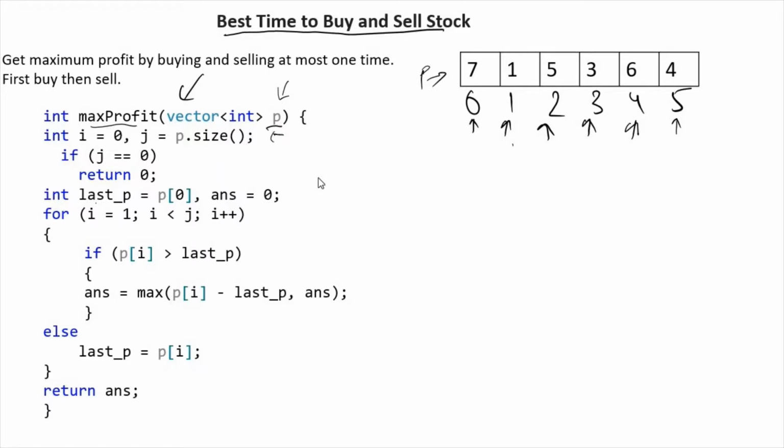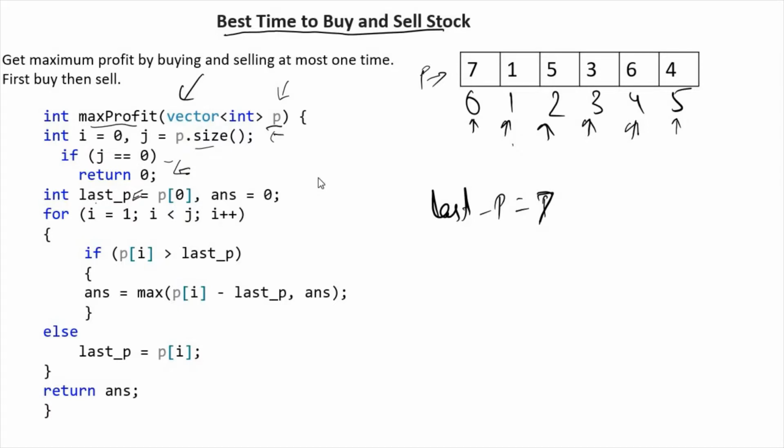J is the size of the array. If J is 0, it means there are no prices of stocks, so in that case we will simply return 0. Earlier I said current price, but actually a better name will be last price, and I have initialized last price with index 0, the first value, which is 7.